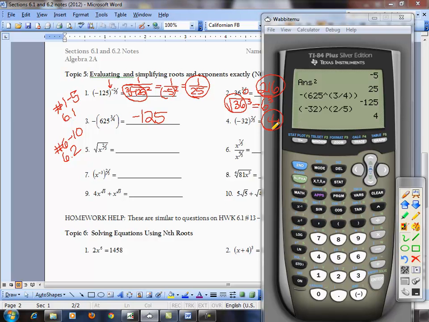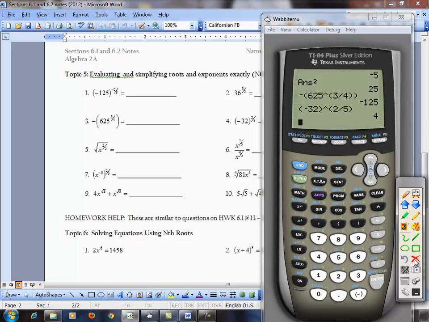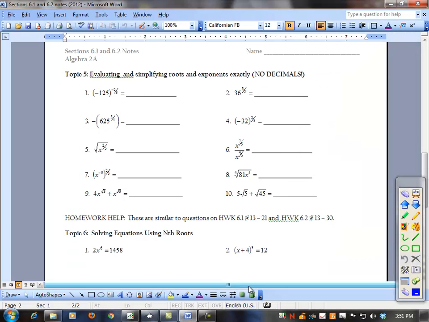Okay, so this is the general idea when we ask you to evaluate. And as we go through and evaluate, these are the type of things that, again, can be done on your calculator, and I understand that. Okay, so let me clear out of this a minute, and I'm going to move this over, because we shouldn't need our calculators anymore.